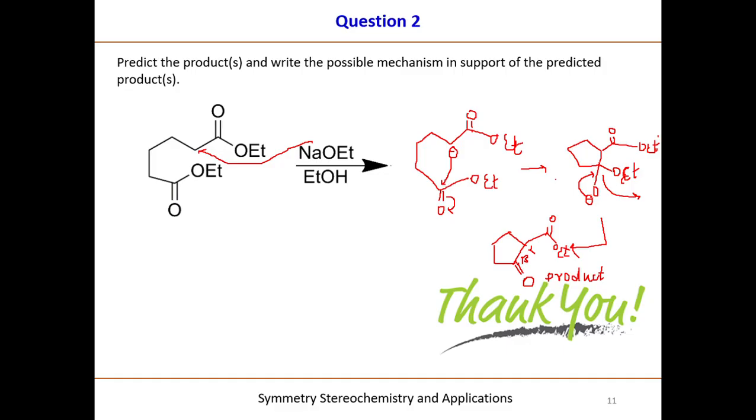Then the negative charge on the oxygen atom will push here, and this ethoxy group, OEt, will knock out to give a beta keto ester as a product. This is a beta keto ester.